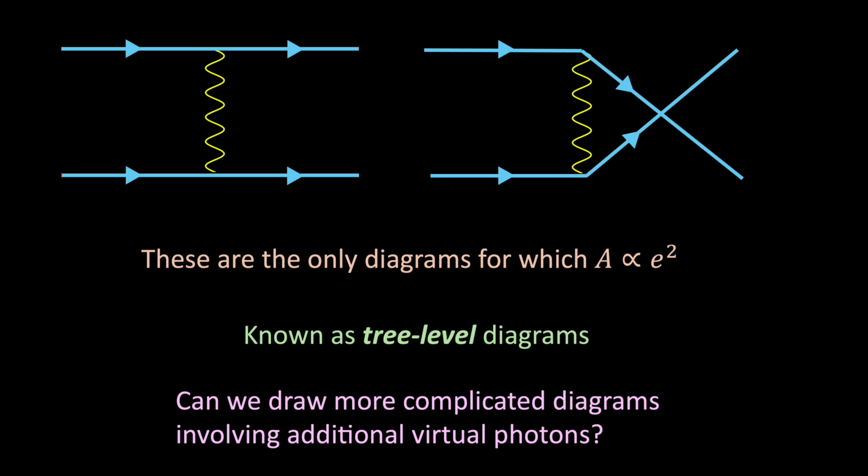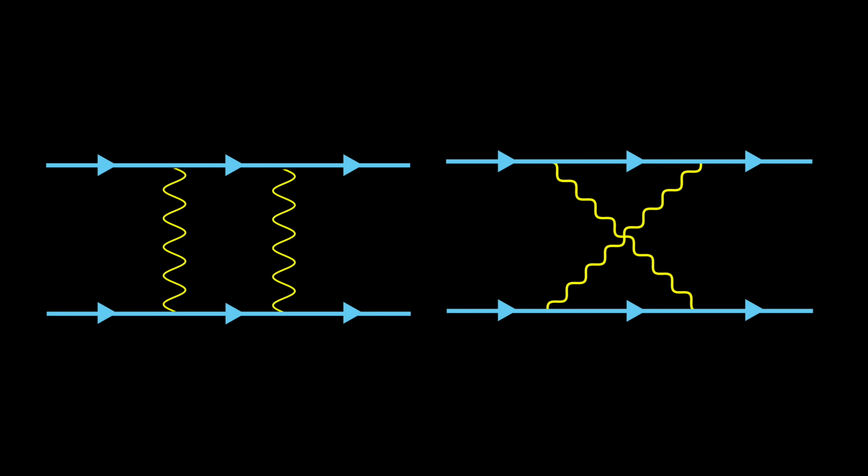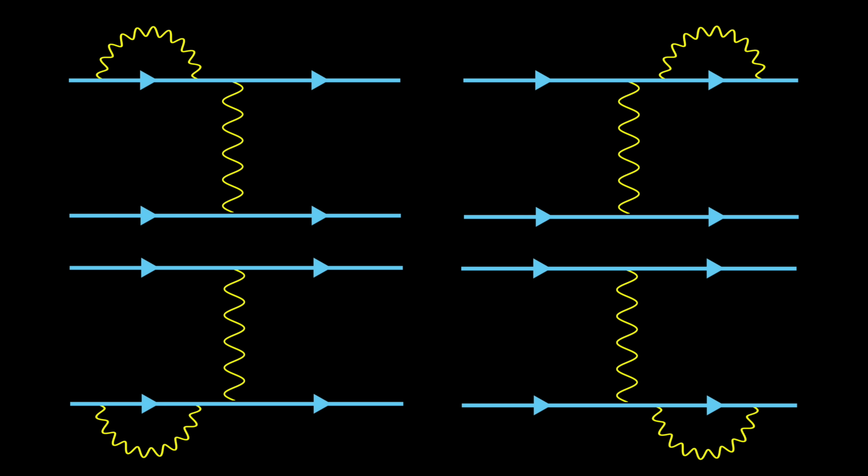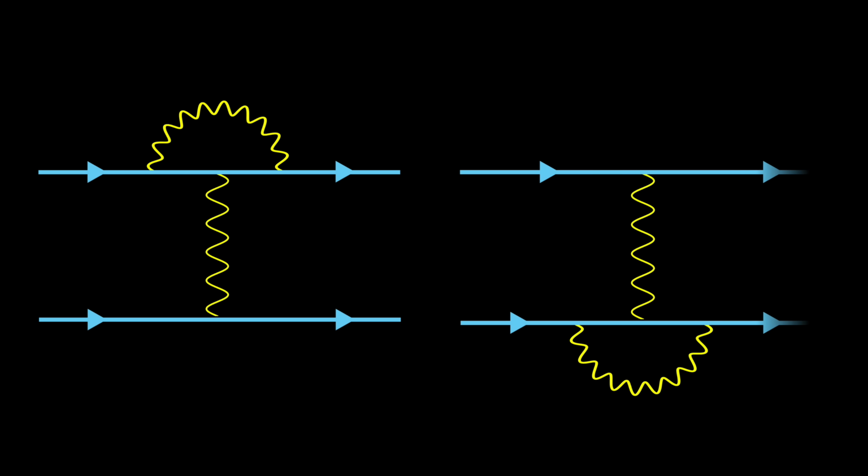The answer is yes. For example, we can have processes in which two photons are exchanged between the electrons, or processes in which one of the electrons emits a photon which it quickly reabsorbs, whilst also exchanging a separate photon with the other electron. There are also diagrams where an electron emits a photon, reabsorbs it later, and in the meantime exchanges a separate photon with the other electron.